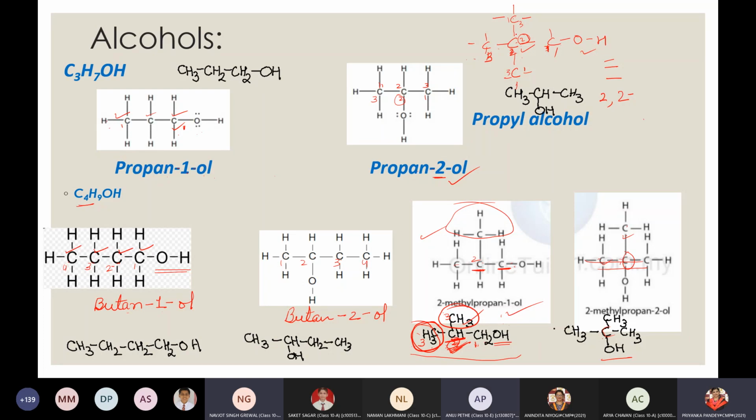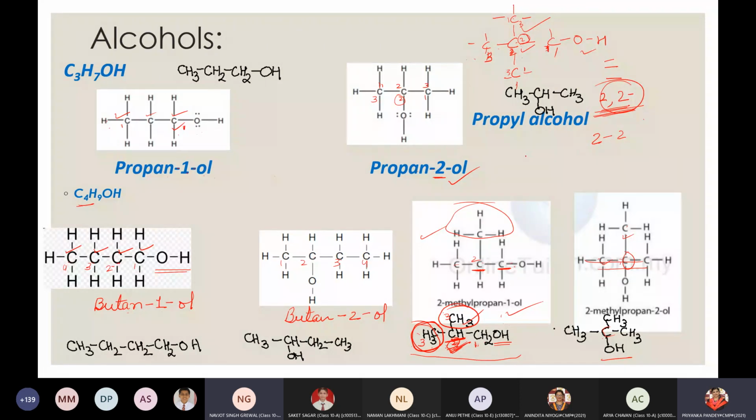Ma'am, why do we have two numbers, 2, 2, and after the comma? Why can't we just write 2-dimethyl? Child, I'm telling you as a basic rule: when we are going to write 2 numbers, the positions of 2 carbon atoms, what do we write?